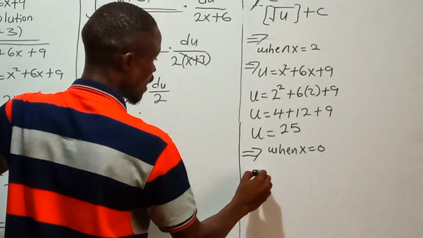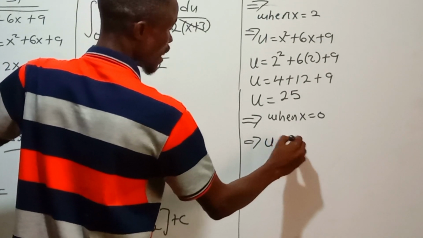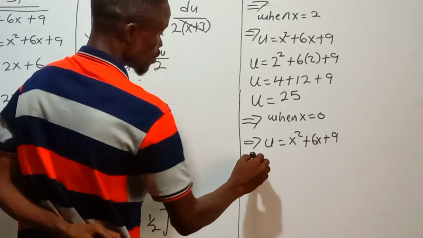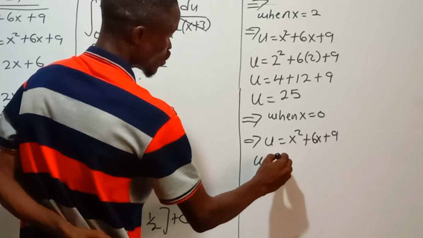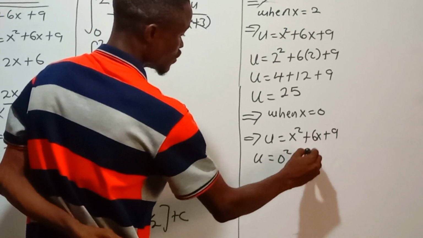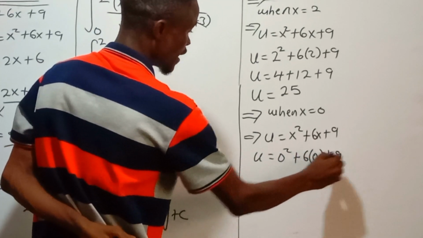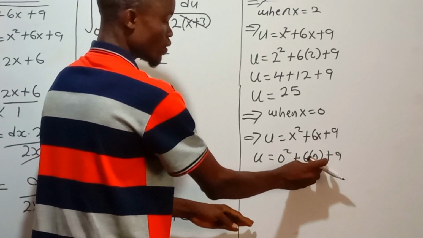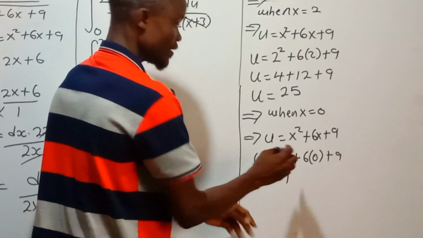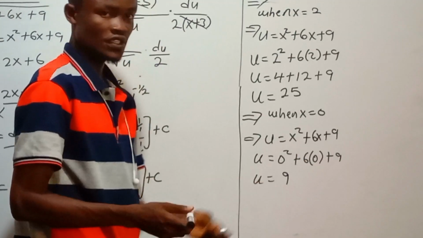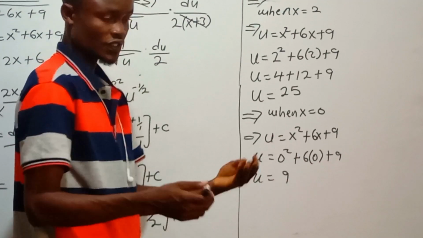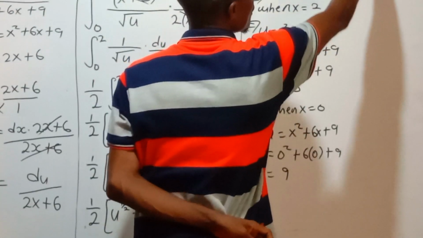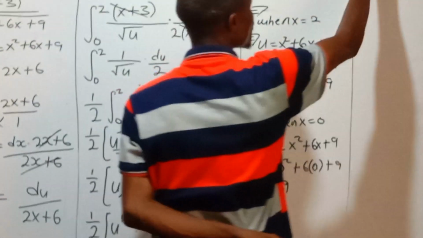So u equals 0 squared plus 6 into 0 plus 9. So u equals 0 plus 0 plus 9, because 6 times 0 is 0. So u equals 9.